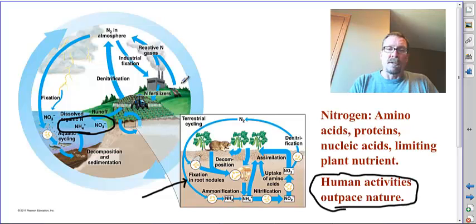Again, with industrialization, we're kicking nitrogen oxides and other reactive gases in there, which is not allowing the fixation and the denitrification to bring nitrogen gas back into the atmosphere, out of balance. Okay. And using them in fertilizers and everything else is adding that addition, as will be with phosphorus.